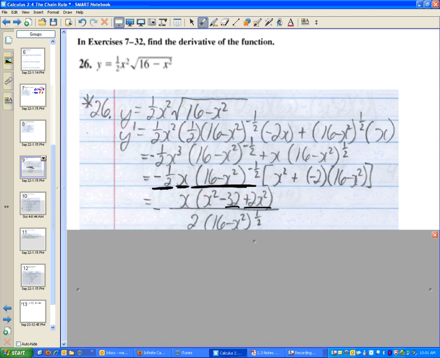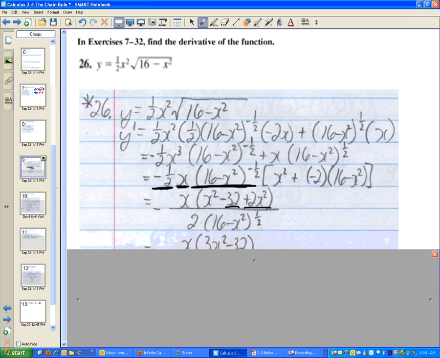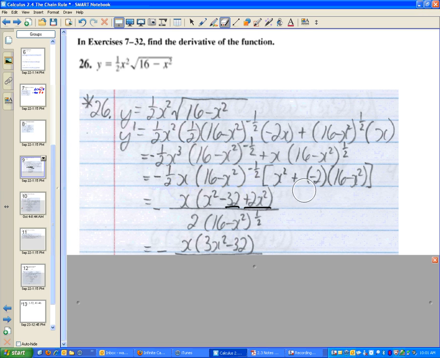All I need to do now in the numerator is combine like terms inside the parentheses. X squared plus 2x squared is 3x squared. So I've still got the negative out in front. I've got x times the quantity, 3x squared minus 32.